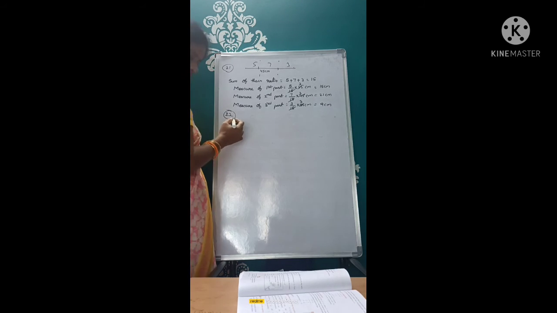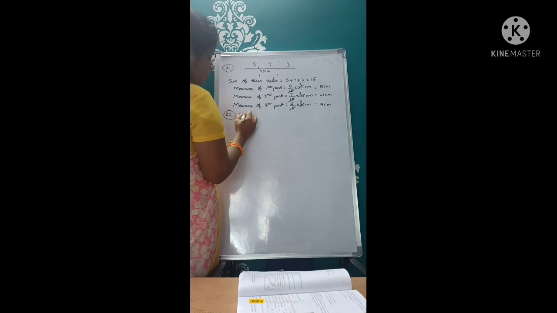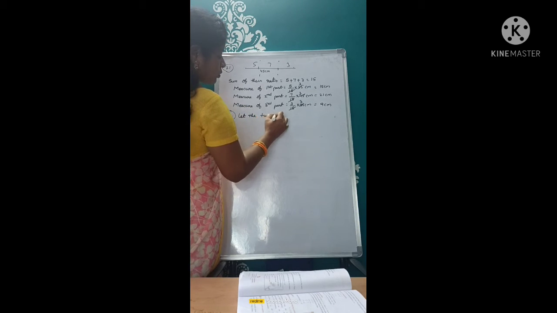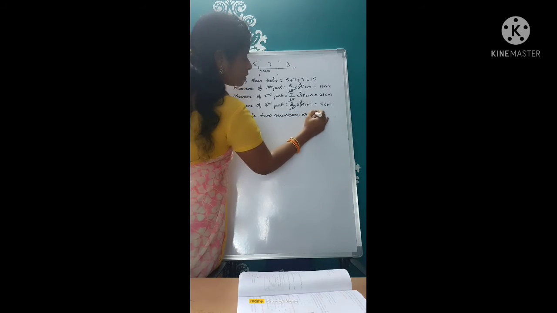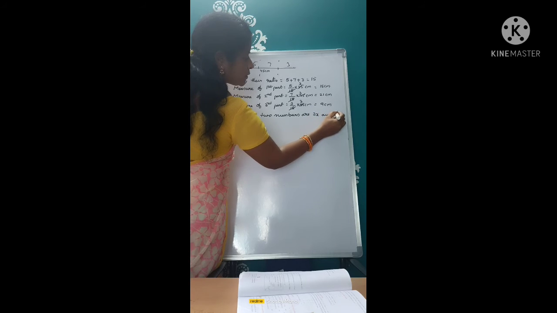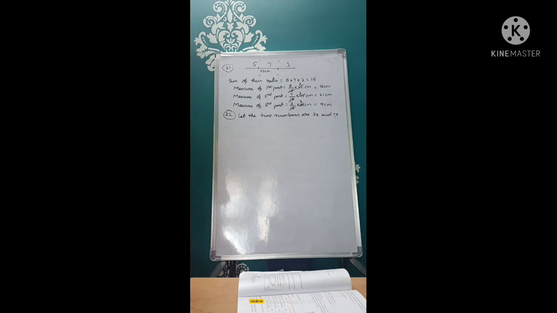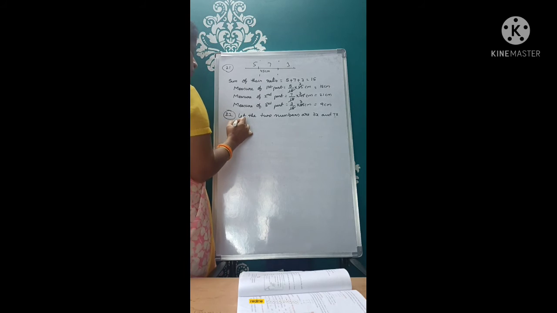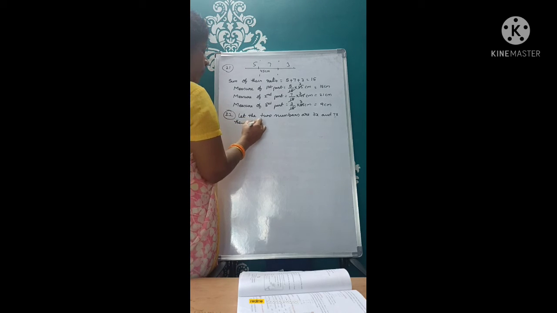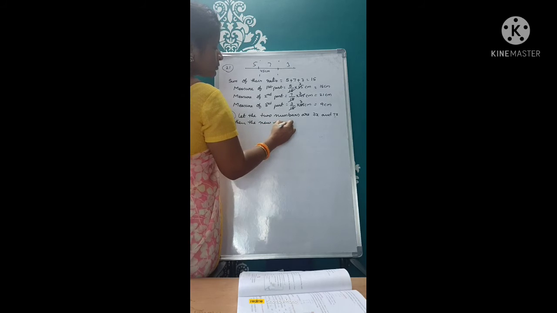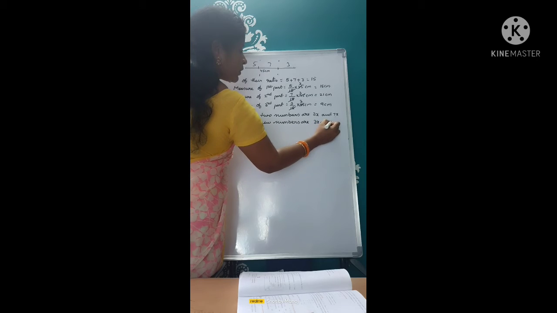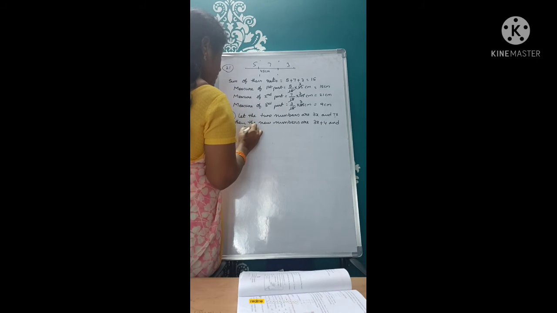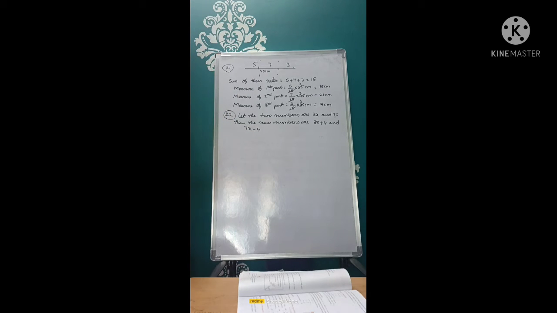Let the two numbers be 3x and 7x. If 4 is added to each of them, then the new numbers are 3x plus 4 and 7x plus 4.